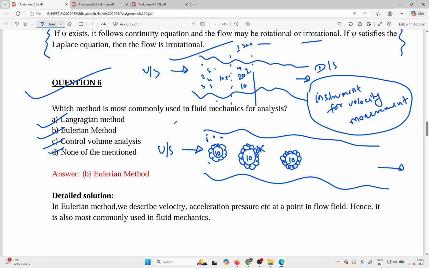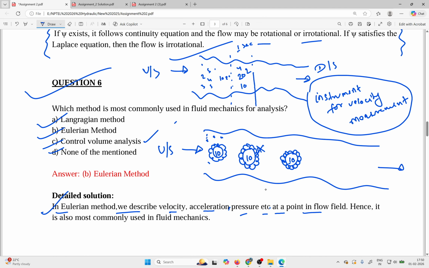So a fixed volume, fixed space. Sometimes you can say control volume approach also for the Eulerian approach. So remember, please. But here if Eulerian is written, you will go with Eulerian. Here you can see the detailed solution. In the Eulerian method, we describe velocity, acceleration, pressure, etc. at a point in the flow field.